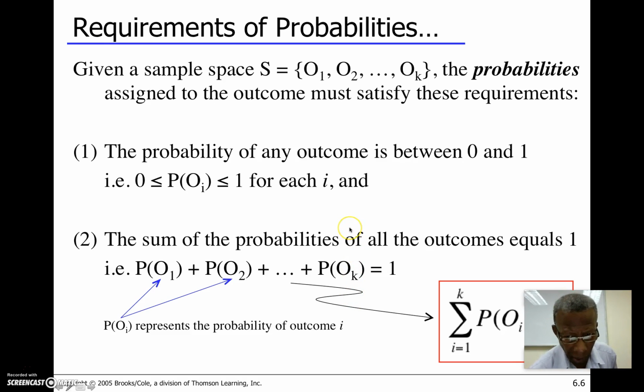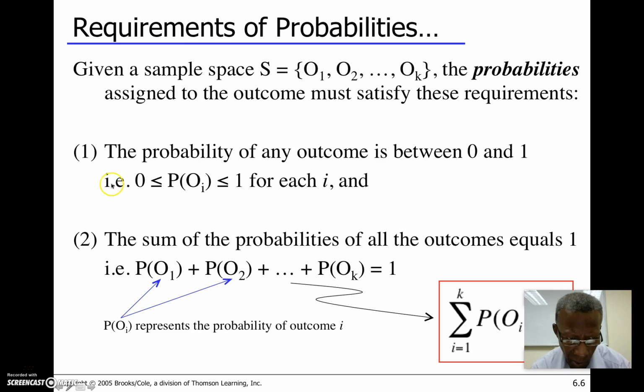There are some requirements to be met by probability. Given a sample space S equals O1 to Ok, the probability assigned to the outcomes must satisfy the following requirements. 1. The probability of any outcome is between 0 and 1. Probability can't be greater than 1, can't be less than 0.